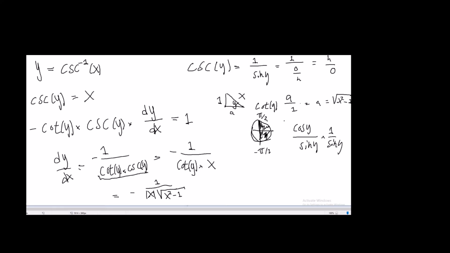And look at this. Since the inverse of cosecant of x is only defined for angles of the right side of the unit circle, cosine of y will always be positive, and even if sine of y is negative, it gets multiplied by another negative of itself.